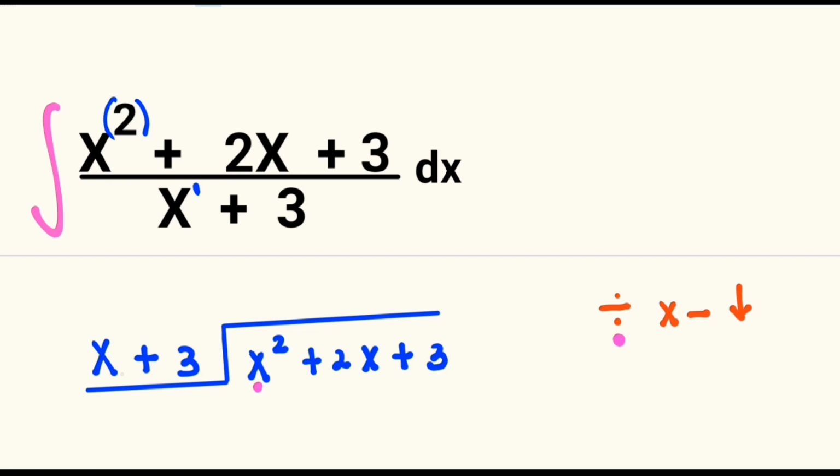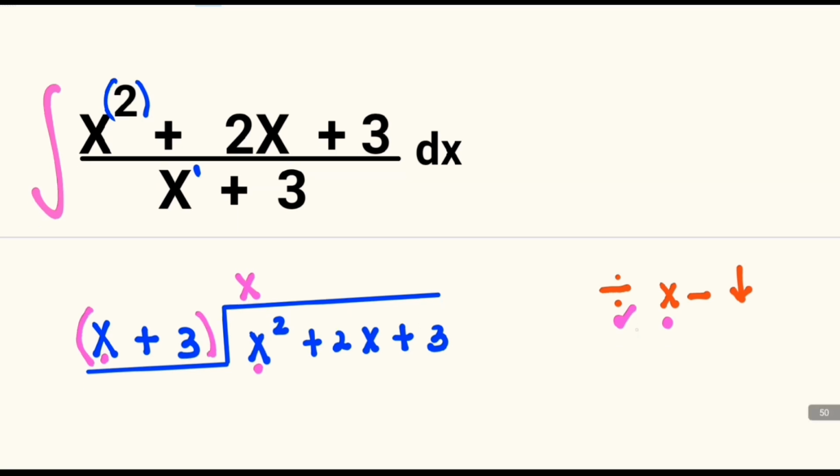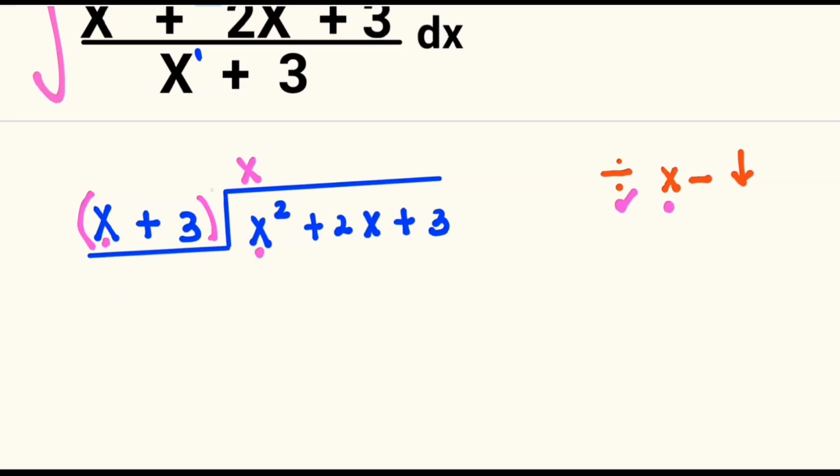The x squared divided by the x will be equal to x. Now that we divided, we come and we multiply. The x multiplied by the x plus 3. The x multiplied by that x will be equal to x squared, and the x multiplied by the 3 will be equal to positive 3x.